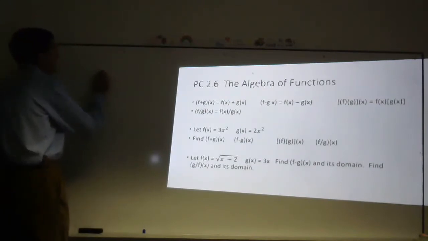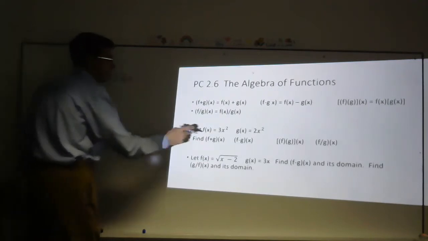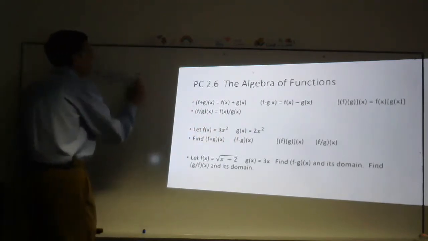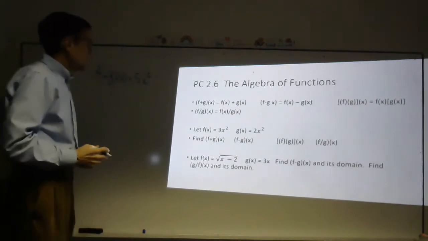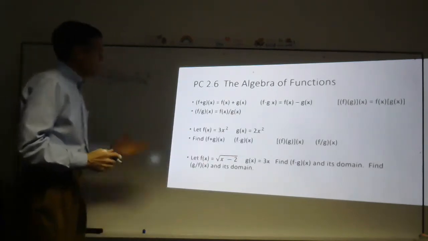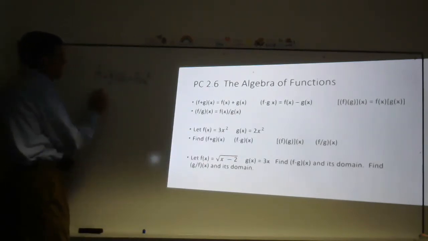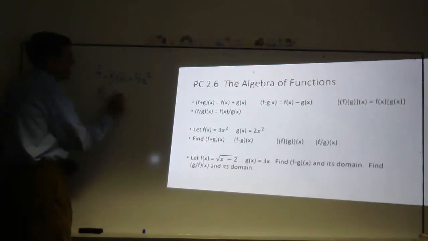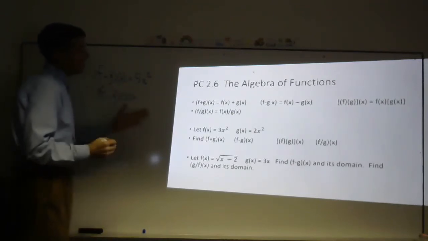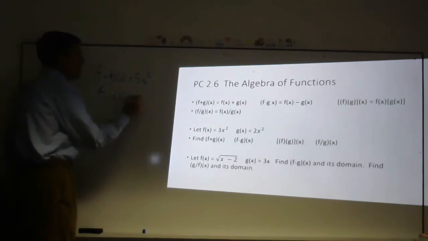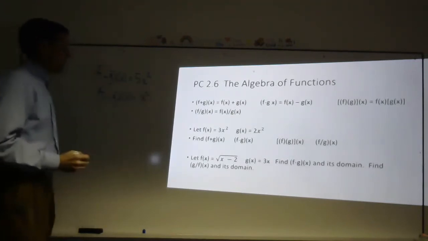Then we would know that (f plus g)(x), you simply add the two together, and it would be 5x squared, right? (f minus g)(x), you simply subtract the two. (f minus g)(x) would be 3x squared minus 2x squared, or just simply 1x squared.